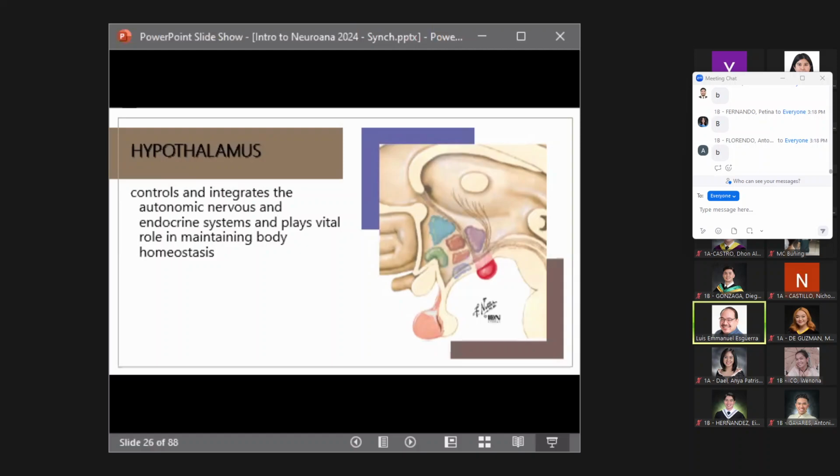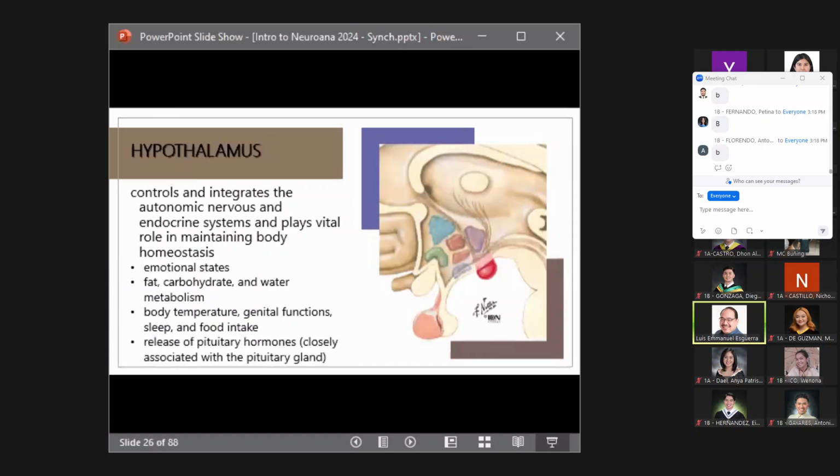This region controls and integrates the autonomic nervous system and the endocrine systems and plays a vital role in maintaining body homeostasis. That is controlling our emotional states, fat, carbohydrate, and water metabolism, body temperature, genital function, sleep, and food intake.